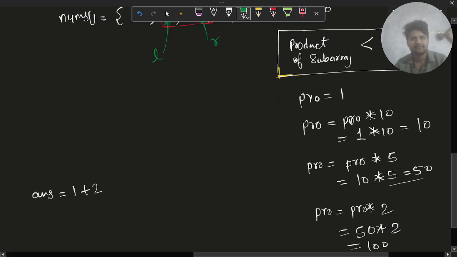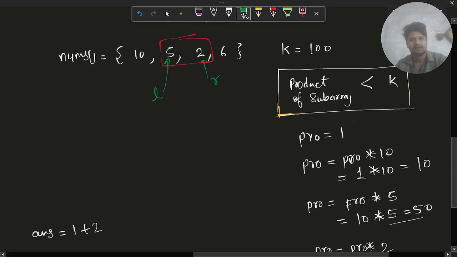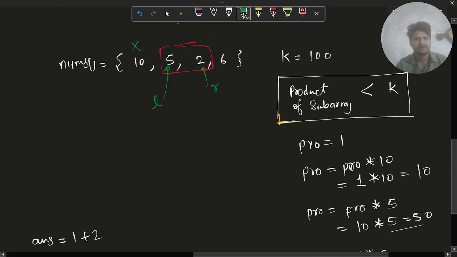Now we have to decrease this. How are we going to do that? If you are doing a product, how will you remove an element from the product? Just by dividing.